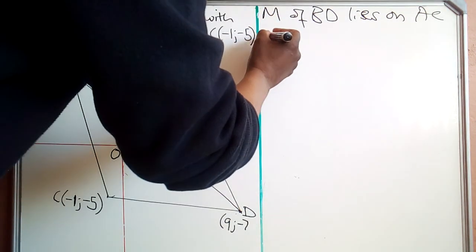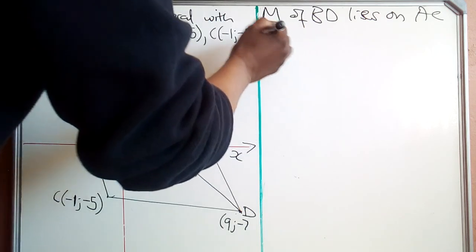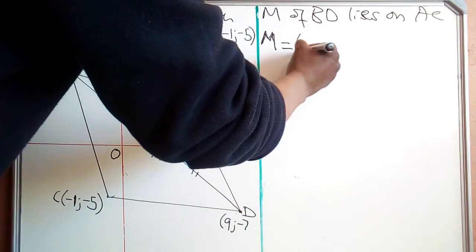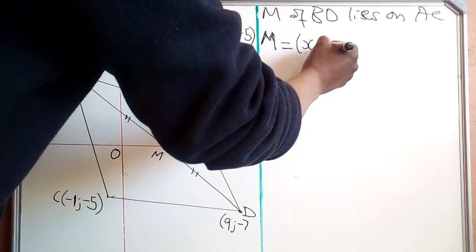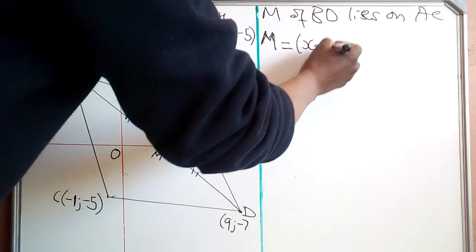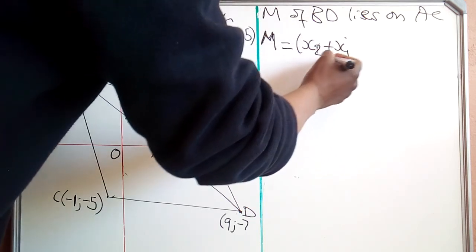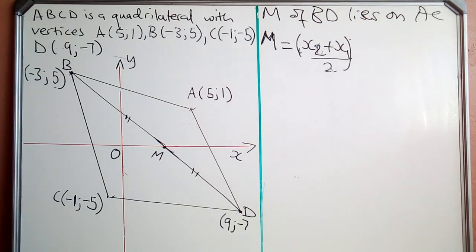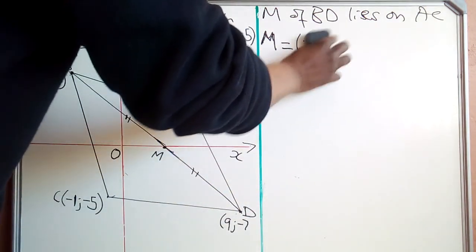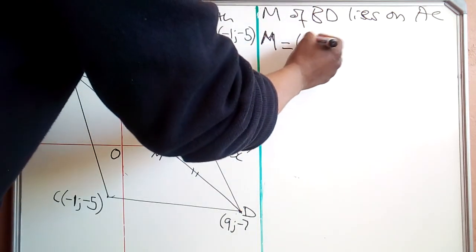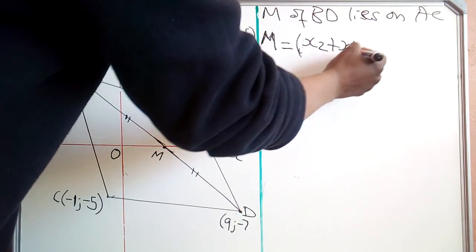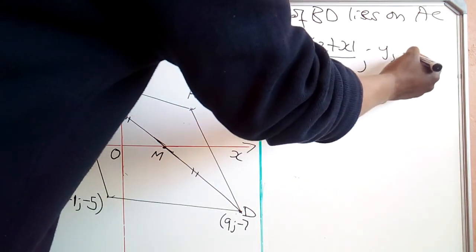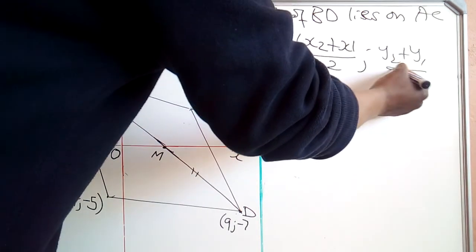The midpoint of BD, M, is equal to (x2 plus x1 divided by 2; y2 plus y1 divided by 2).